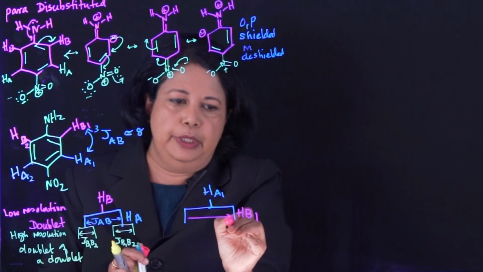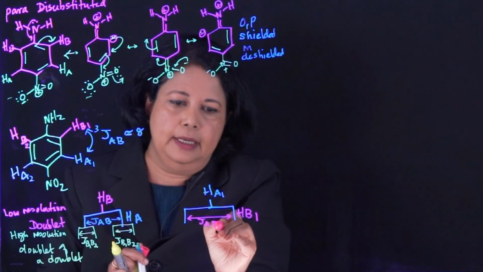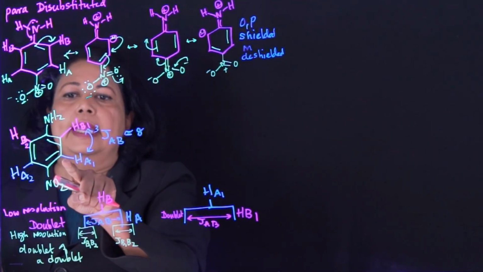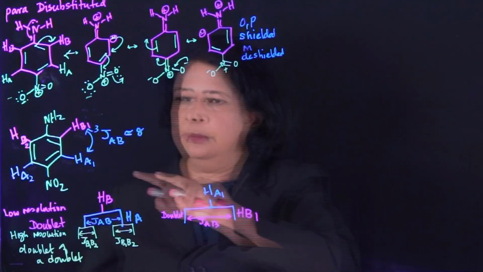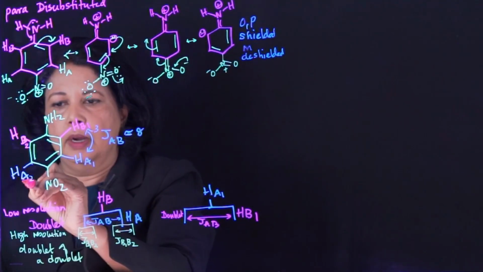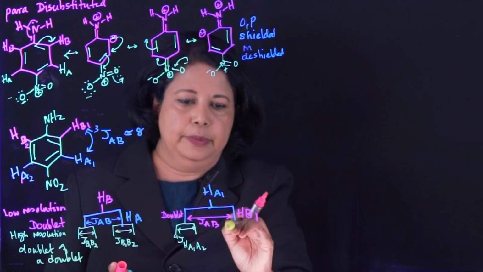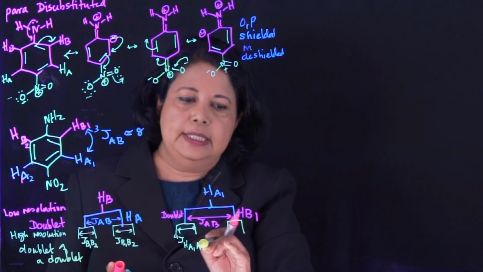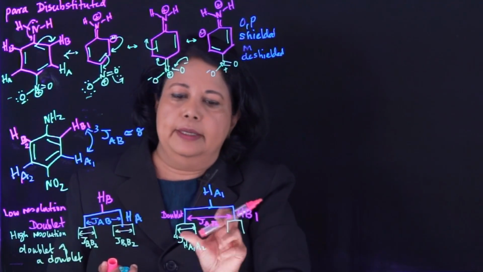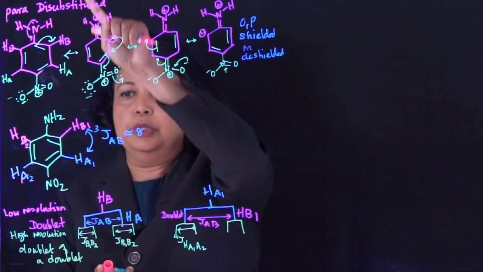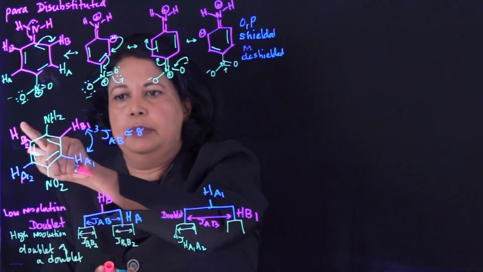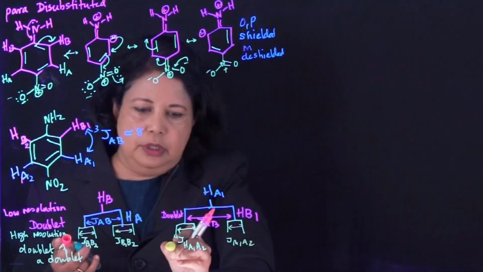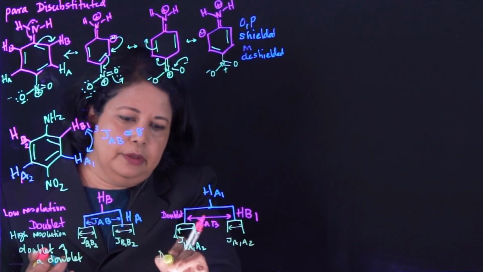So this is going to be your JAB coupling. However, even HA has got a meta proton. So this is going to be a 1, 2, 3, 4 bond coupling. All right. And you would see that here as well. So you would see a very similar splitting pattern here for both protons, because they pretty much have the same number and type of neighbors. So high resolution would give you a doublet of a doublet.